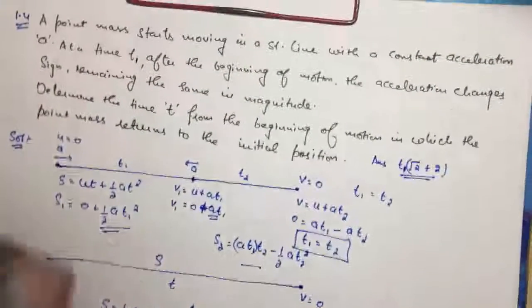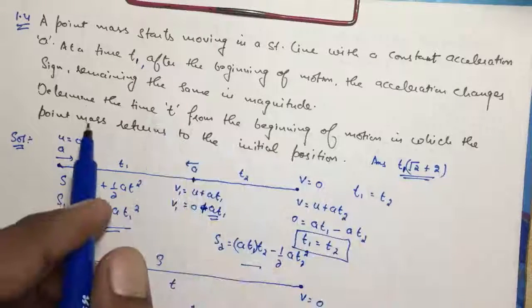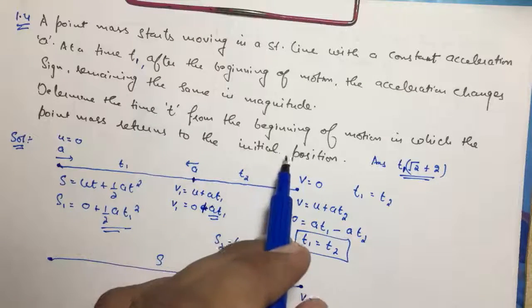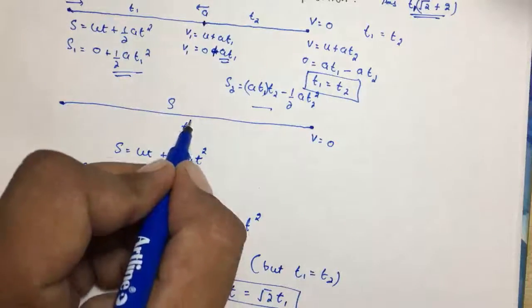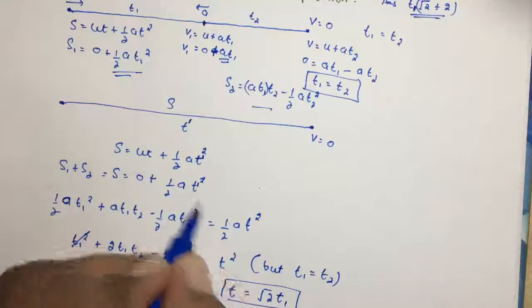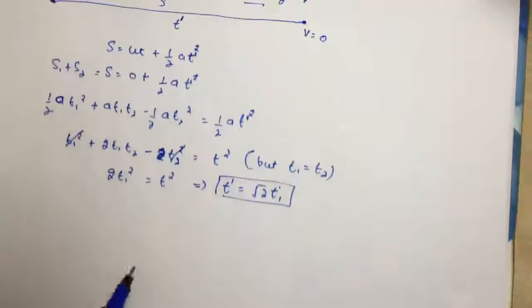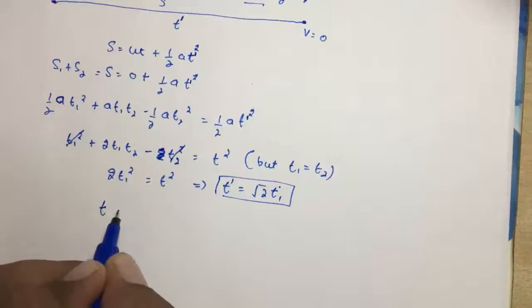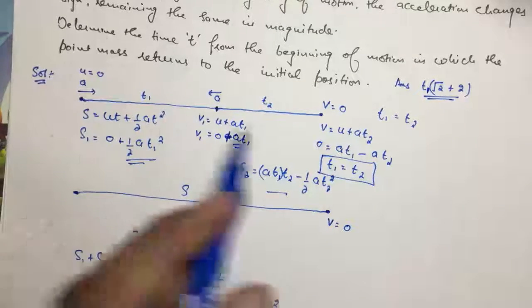Now they are asking to determine the time t from the beginning of the motion in which the point mass returns to the initial position. I have considered this t, say let's say this is t dash, so we don't get confused. This is t dash and this is t dash. I want the total time, this time and then this time, this total time is t.